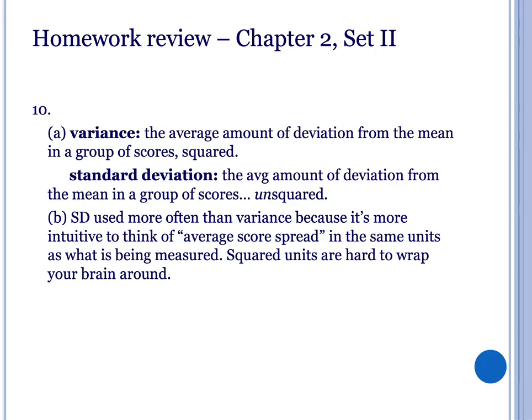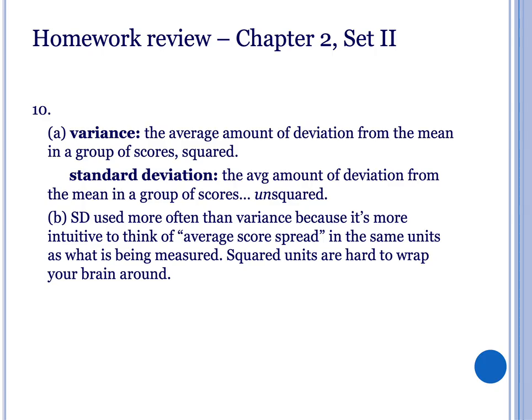So if I were to poll the class on how many apples you ate this week, there would be some average. It's probably going to be like 2 or 3. And then we could compute the standard deviation. How much does everybody in the class vary from that average of 2 or 3, right? Let's say we've got a standard deviation of 1.2 apples.